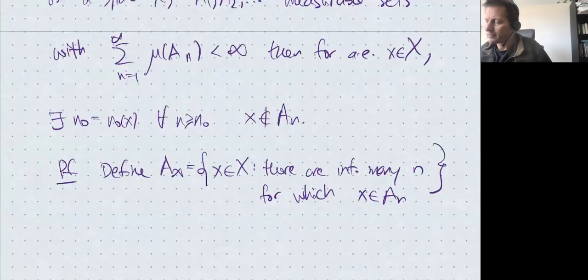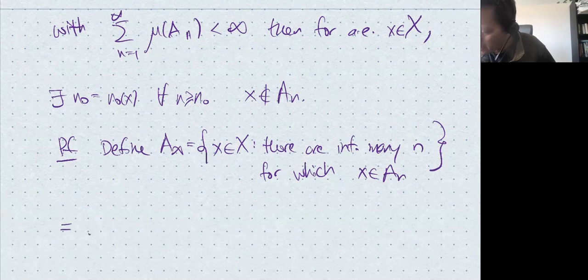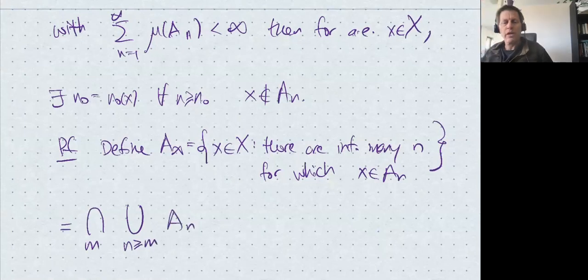This is the set that we want to prove has measure 0. And you can write this set as the intersection over n of the union, over indices at least n, of the An's. So this is the set of x's such that for all n there exists a larger n where x belongs to An.